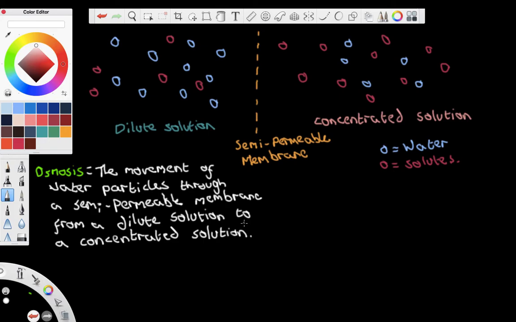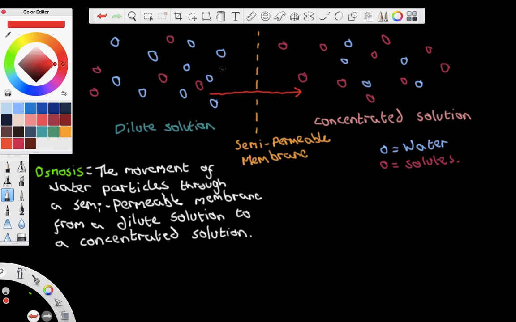So it says that we're going from dilute to concentrated through a semi-permeable membrane. So if we're looking at this diagram above that I drew earlier, we can conclude that the movement of osmosis would be from the dilute solution to the concentrated solution through the semi-permeable membrane.